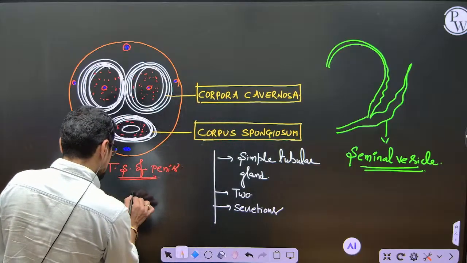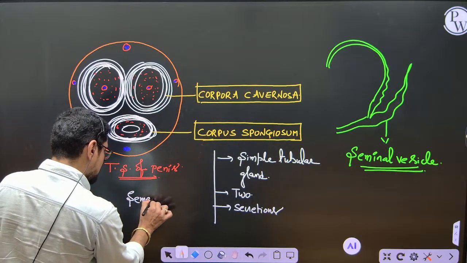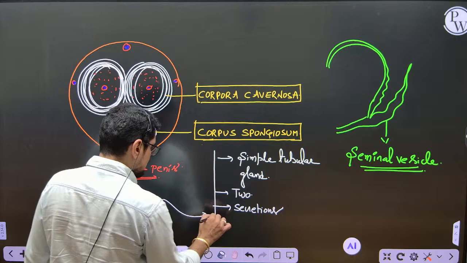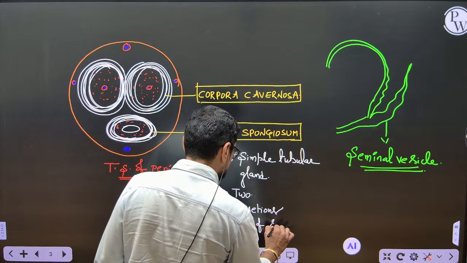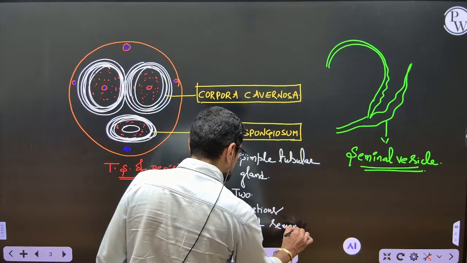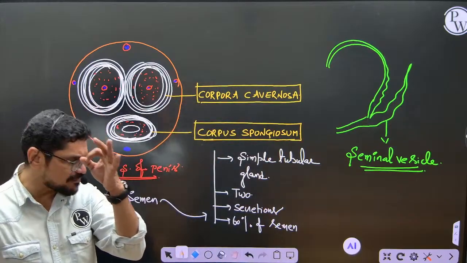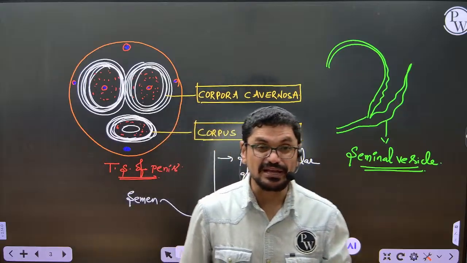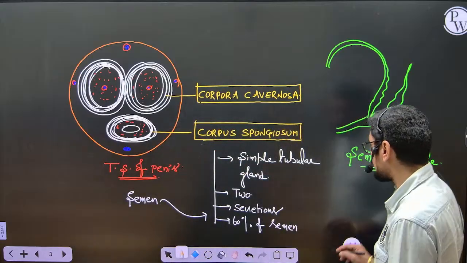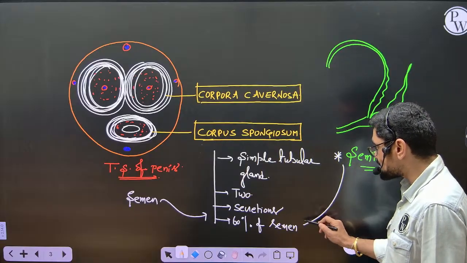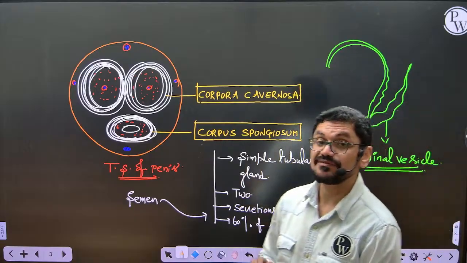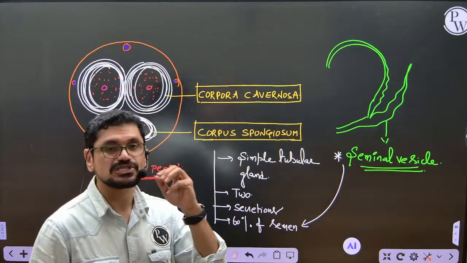You know, in the total semen, almost 60% of the semen is contributed by the seminal vesicle. So the seminal vesicle contributes around 60 to 70% also.